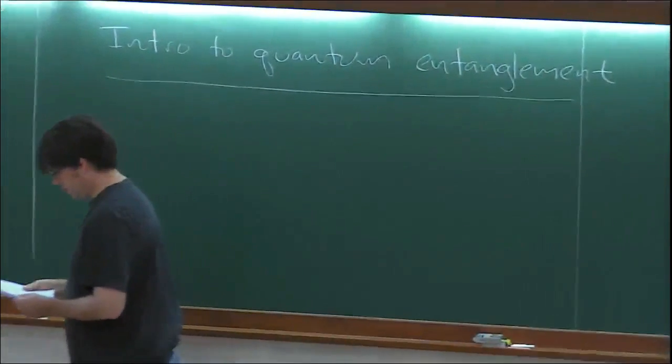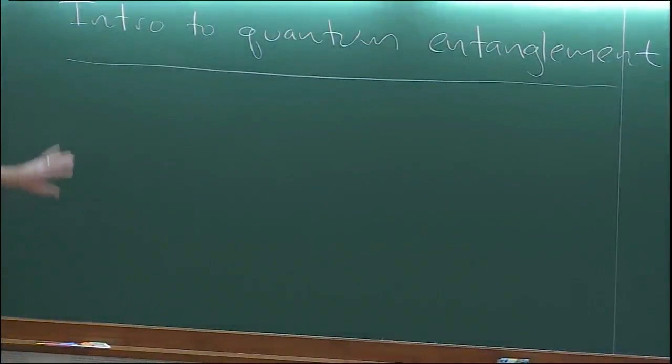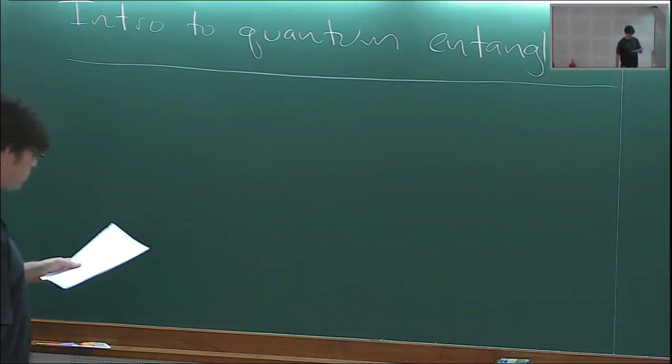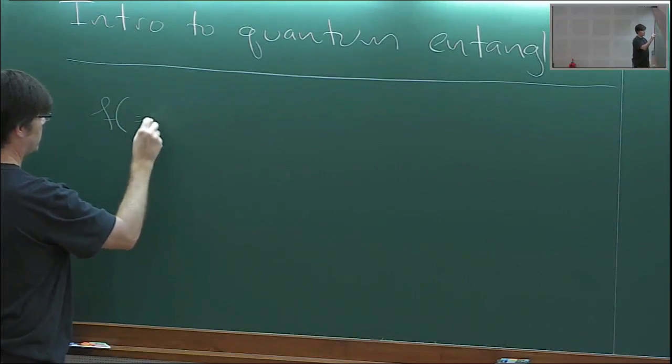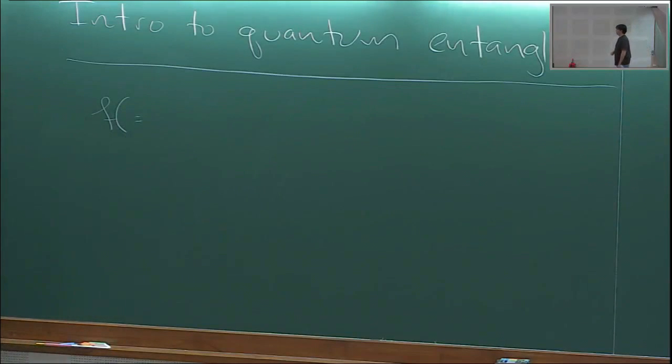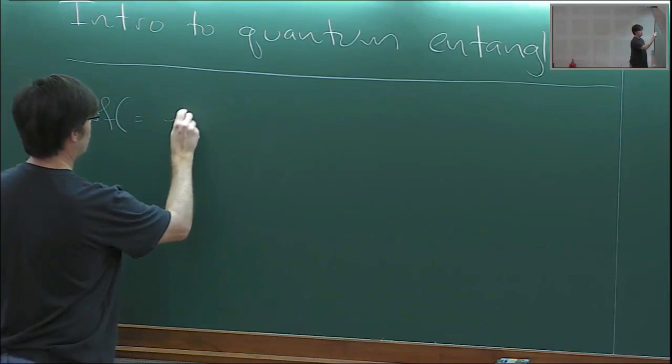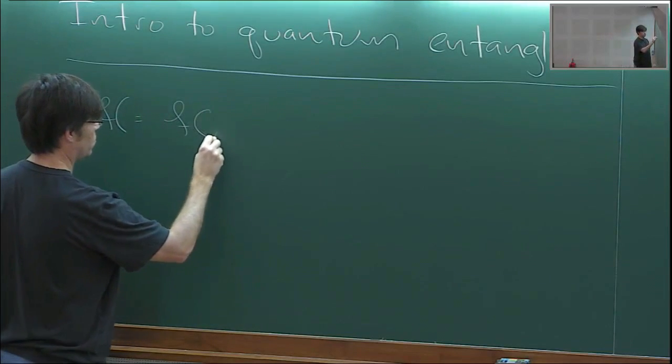Okay. So quantum entanglement is probably the central feature, at least to my mind, that distinguishes quantum information theory from classical information theory. And the basic point is that if I have two components, say, a system in quantum mechanics is, of course, described by a Hilbert space. I'm going to imagine I have two components of this Hilbert space.